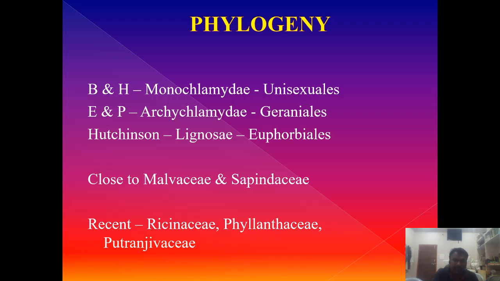This family is very close to Malvaceae and Sapindaceae in terms of some species. Very recently, Euphorbiaceae has been further divided into three families: Ricinaceae, Phyllanthaceae and Putranjivaceae, and the original Euphorbiaceae also remains.